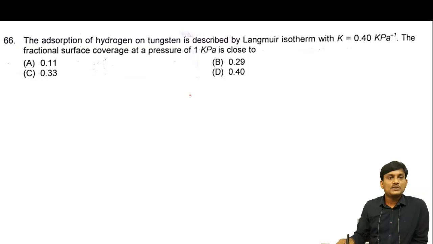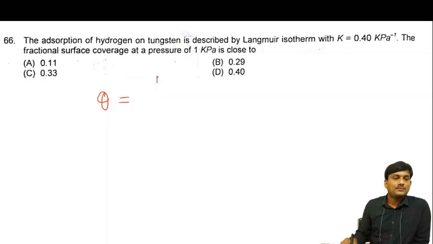The adsorption of hydrogen on tungsten is described by the Langmuir isotherm with K is equal to 0.40 kilopascal to the power of minus 1. The fractional surface coverage at a pressure P is equal to 1 kilopascal is close to. Here we know that theta is equal to Kp by 1 plus Kp.